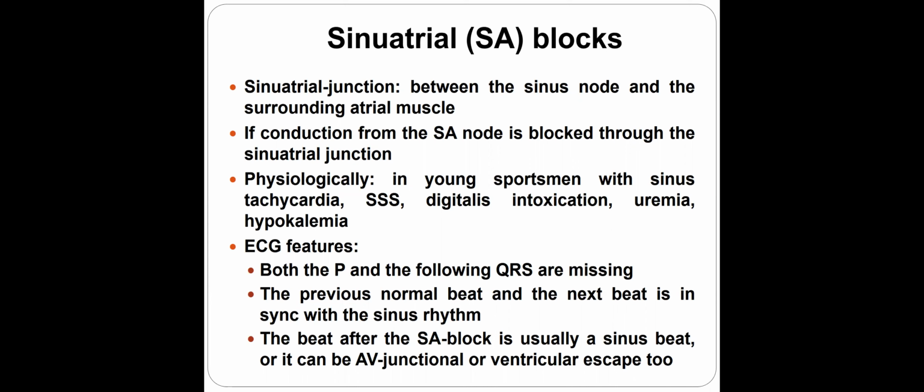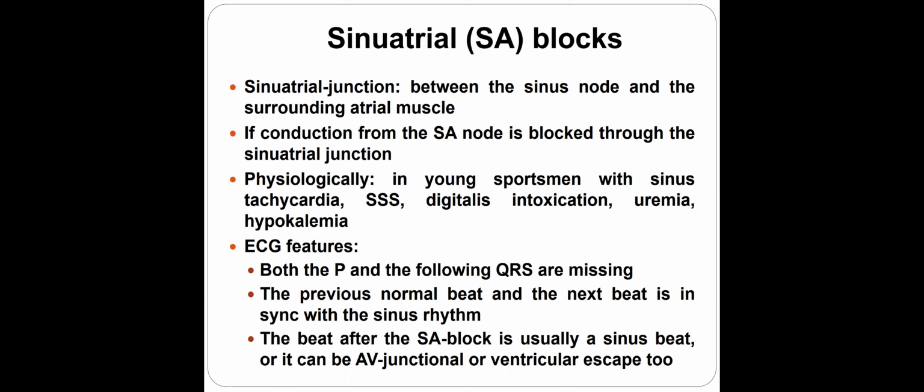So the difference is that when we evaluate the AV block, we look at the connection between the P and the QRS, and usually P is not followed by QRS. Why we do have an SA block, relatively, when we have P wave, we have conduction. When we have no conduction from the SA node, there is no P wave.